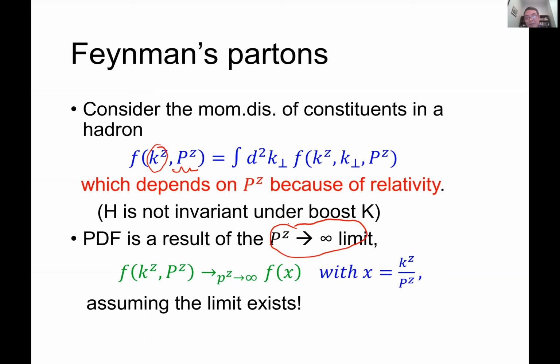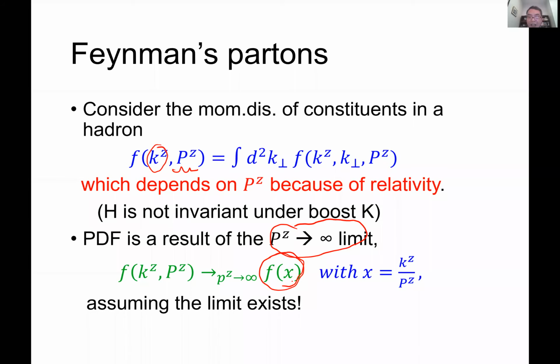Then you would have a distribution called f(x), where x is equal to k_z over P_z, and k_z is the momentum of a constituent. If that limit exists, this goes to the parton distribution, the Feynman parton distribution. Usually textbooks do not go into this much detail, but that is what Feynman's momentum distribution, or the Feynman parton distribution, is.